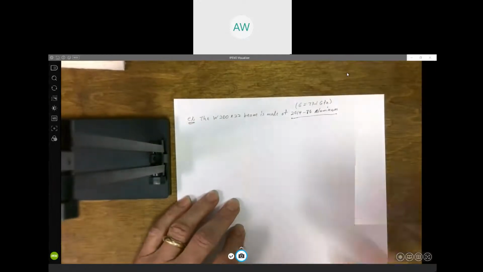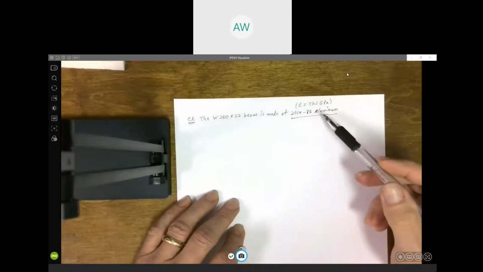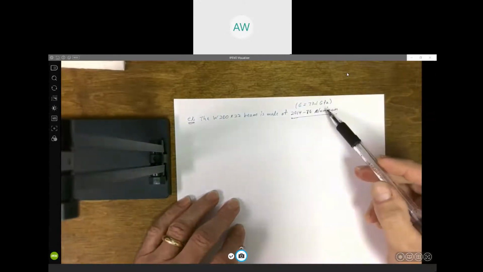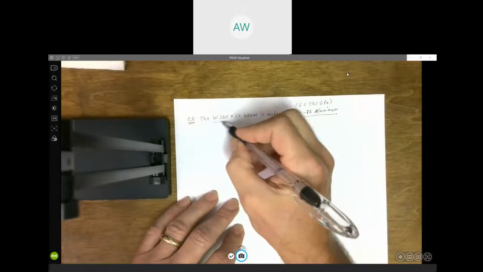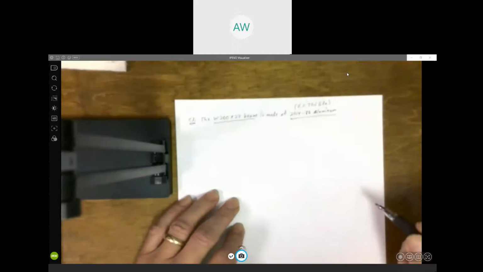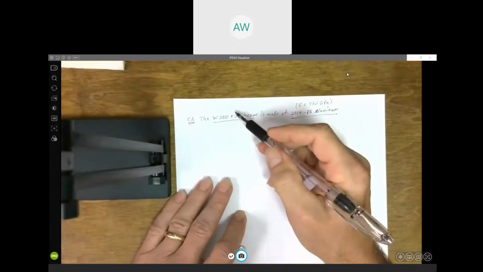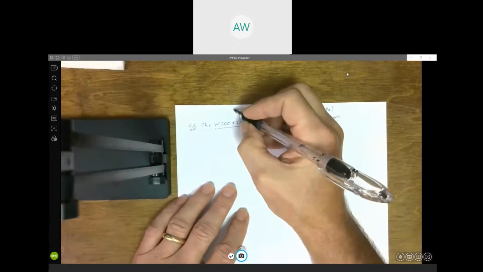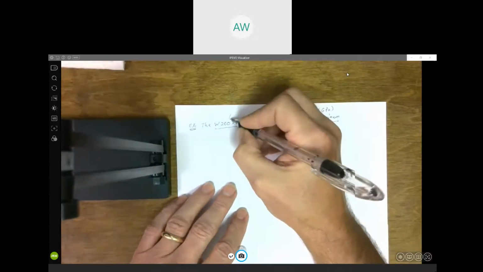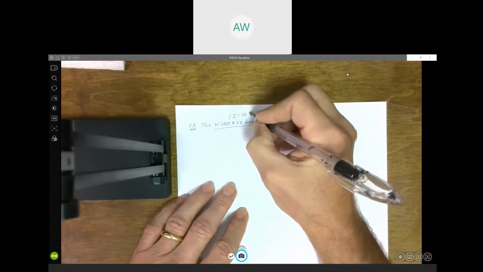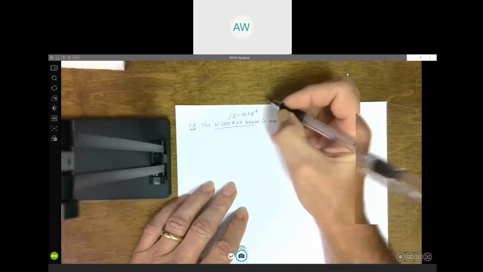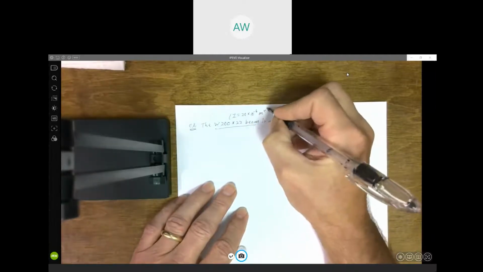So in the real world, if you were solving this, you would have to go to that table, whatever material property table you got, and get what E is. Also went and looked, in that table with all the standard size beams, and I looked that moment of inertia up, and I was 20 times 10 to the negative 6. That's meters to the 4.